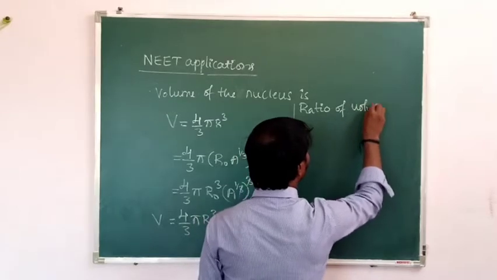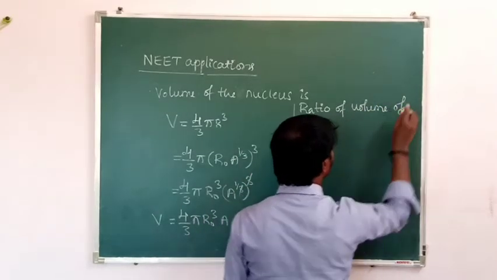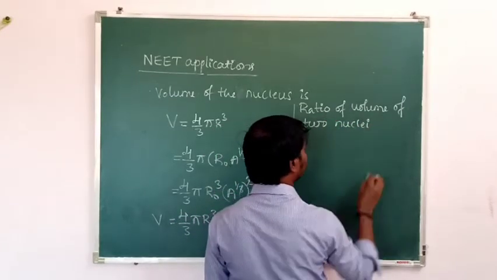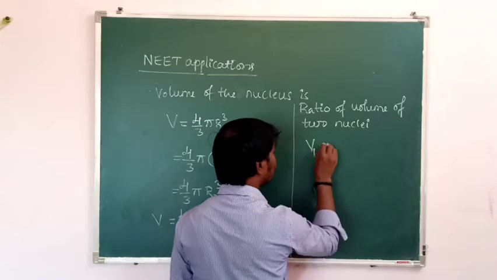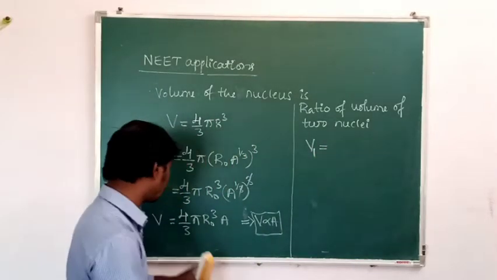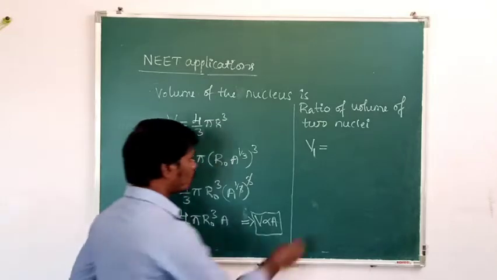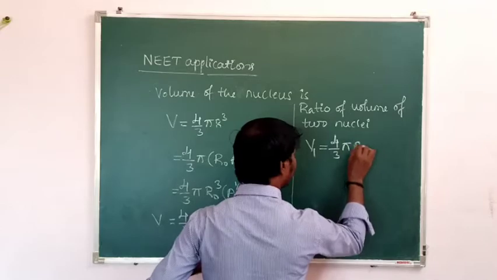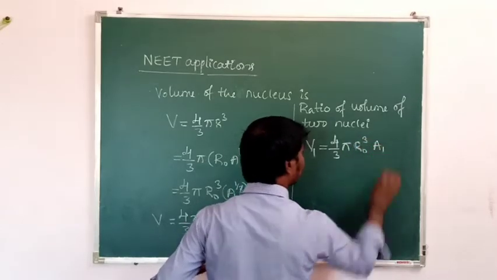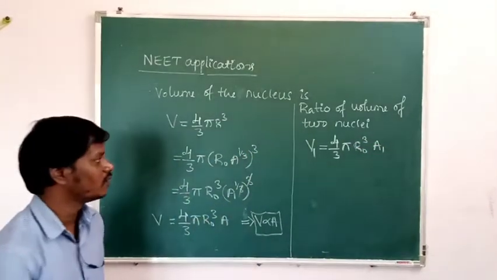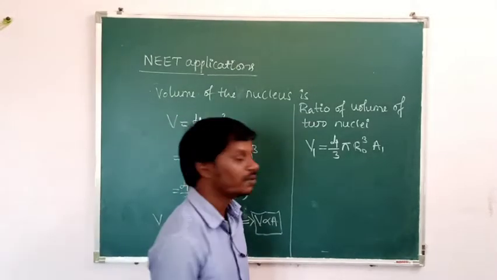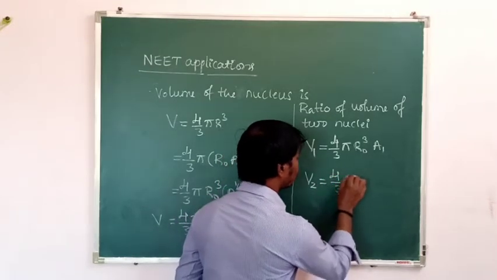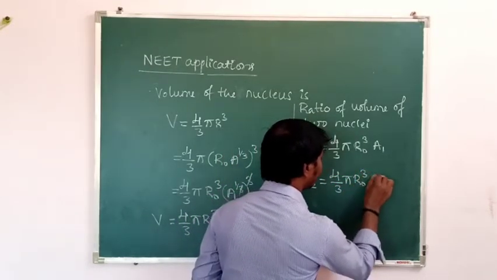I will write the volume of the first nucleus, V1 is equal to 4 by 3 pi r naught cube into A1, where A1 is the mass number of the first nucleus. Then the volume of the second nucleus, V2, is equal to 4 by 3 pi r naught cube into A2.